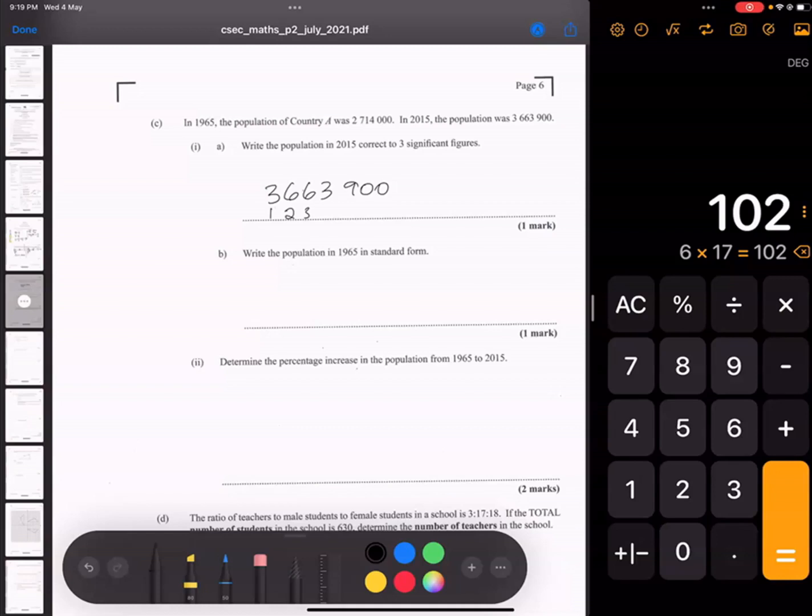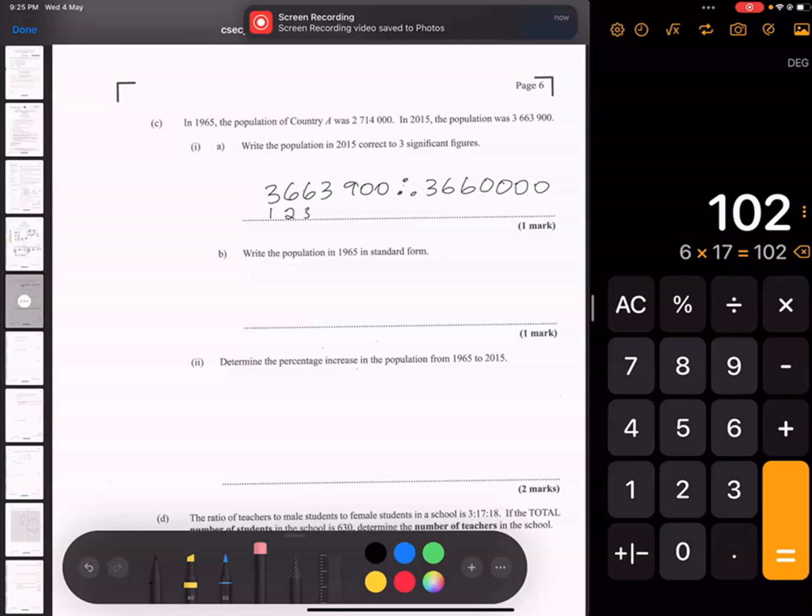So this 3 will then become a 0, and everything after it also zeros. So then our final answer will be 3,660,000. All right, very simple.